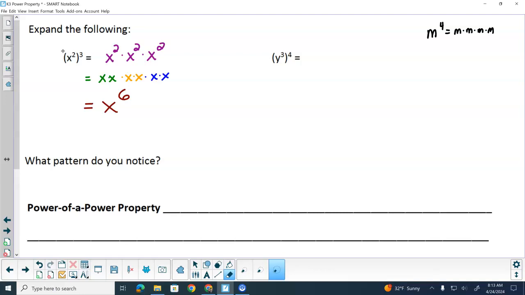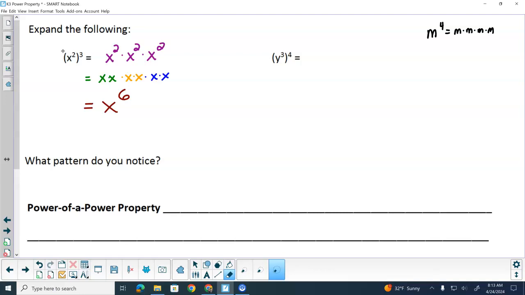Okay. Correct. Y cubed to the 4th power. This one right here. What am I going to multiply by itself and how many times? I'm going to multiply y cubed by itself 4 times.